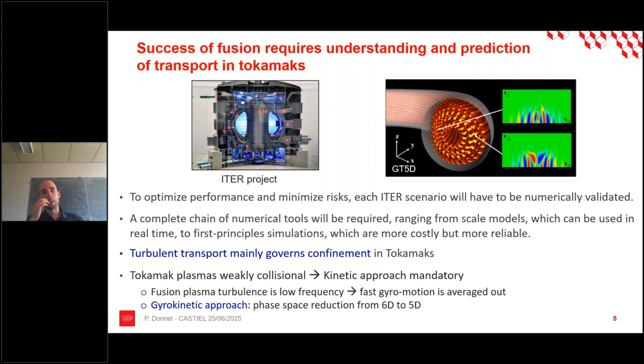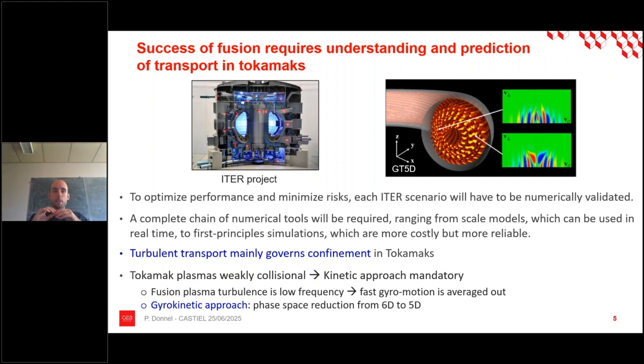Another thing you need to understand this presentation is that in Tokamak plasma, the transport is mainly governed by turbulence. So it's small scale fluctuations of density, temperature, and the electric potential.